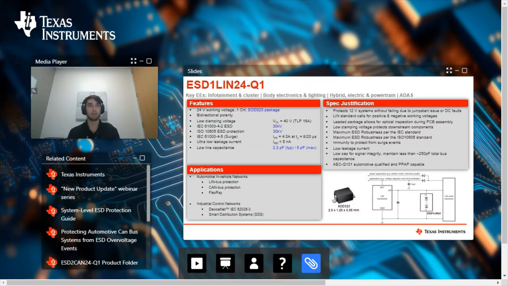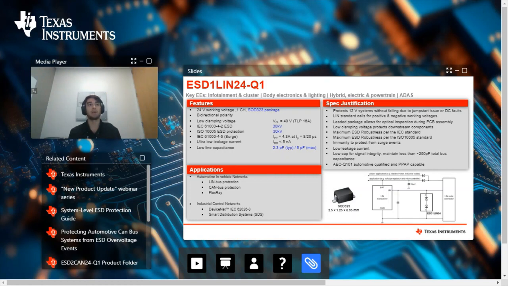Now moving on to LIN. It's very similar to CAN, but it is a one-channel 24-volt device in a SOD-323 package, which is an industry standard, so this will allow for some layout flexibility. It's going to be a low clamping device, about 40 volts for an 8 kV ESD strike, which should protect virtually any of TI's CAN transceivers or LIN transceivers.